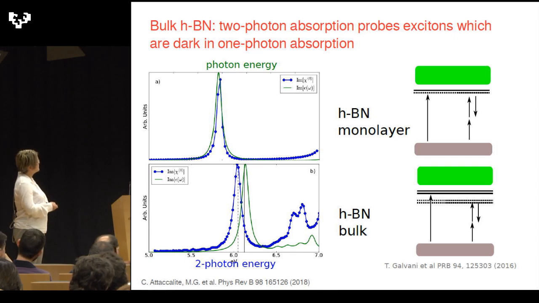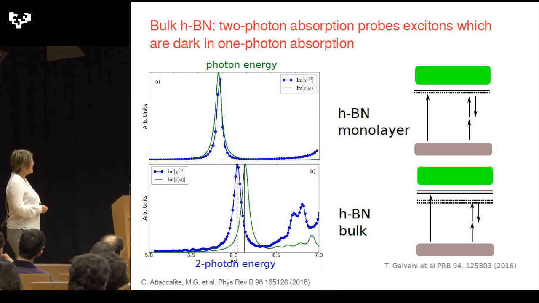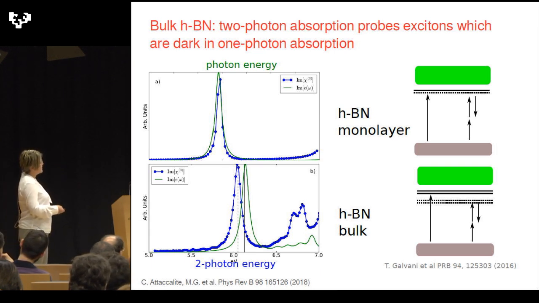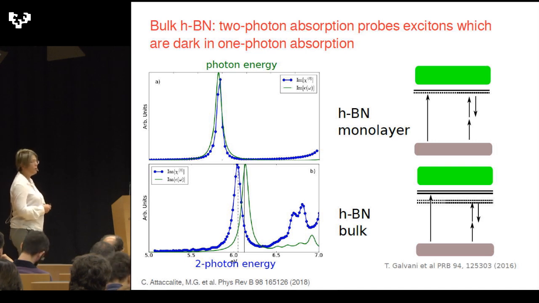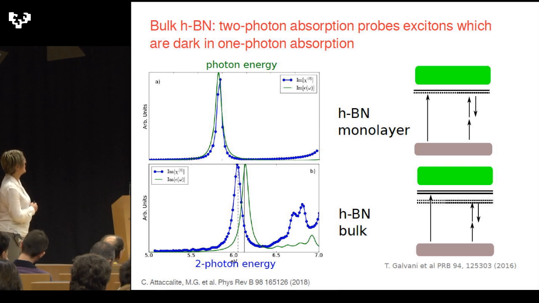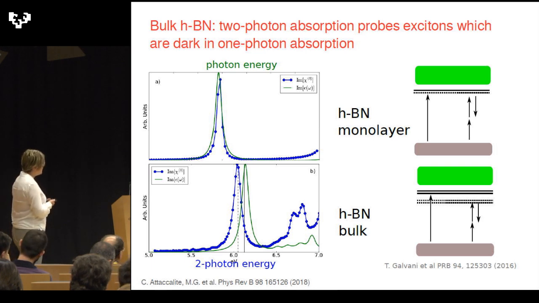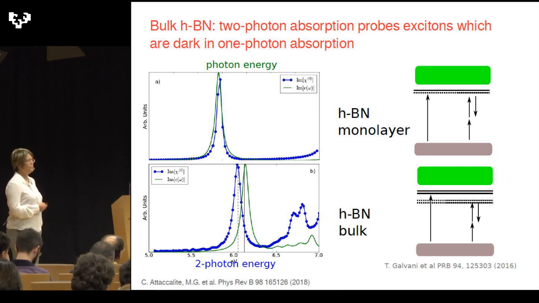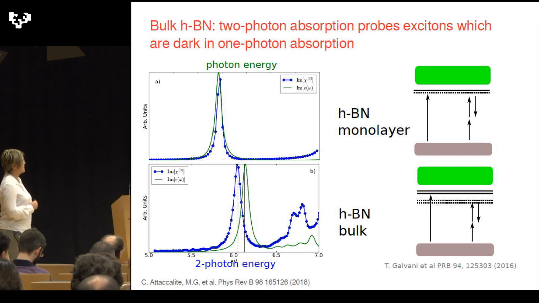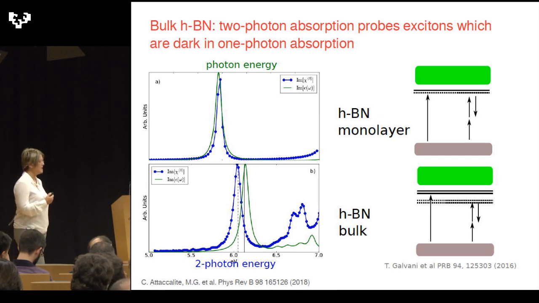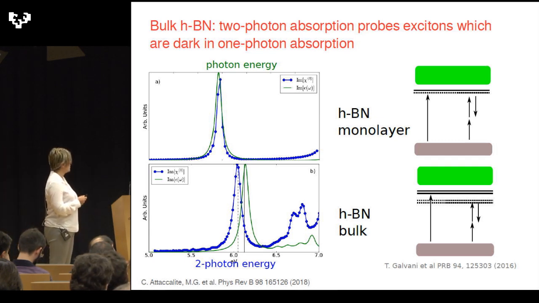So the 2-photon spectroscopy really probes the same exciton, while if you go to the bulk, where you have a dark exciton, which is lower than the exciton which is observed with optical absorption, you are then able, by 2-photon energy, to detect this exciton, which is otherwise dark in conventional optical absorption.